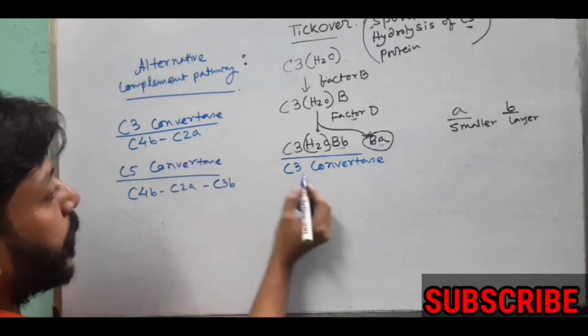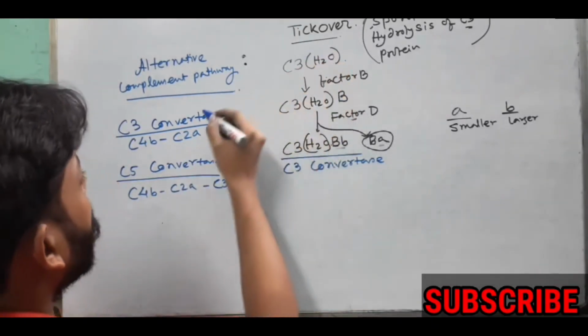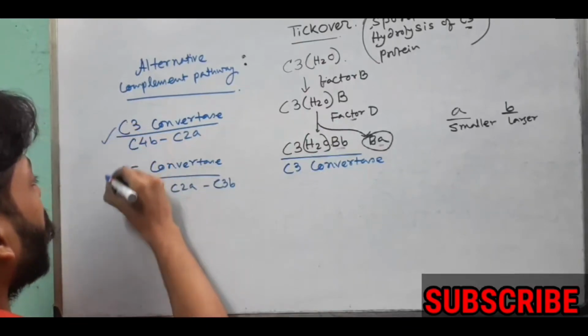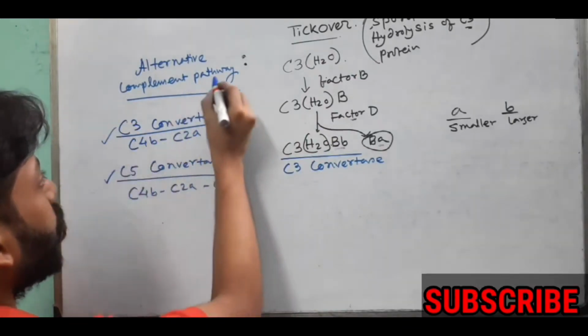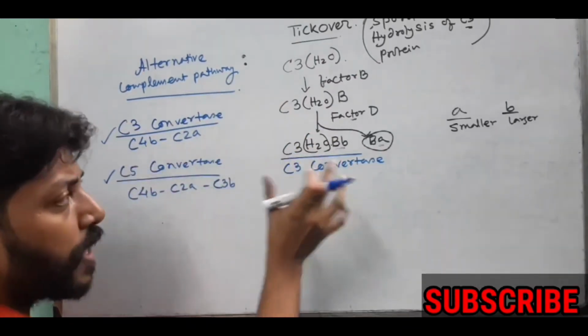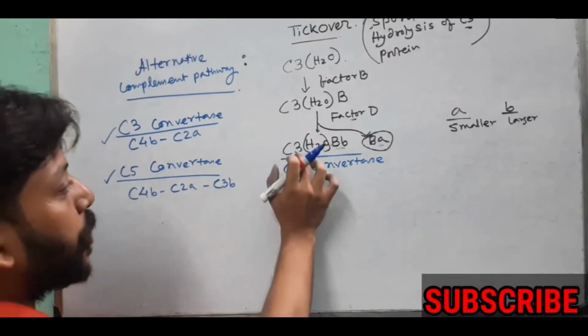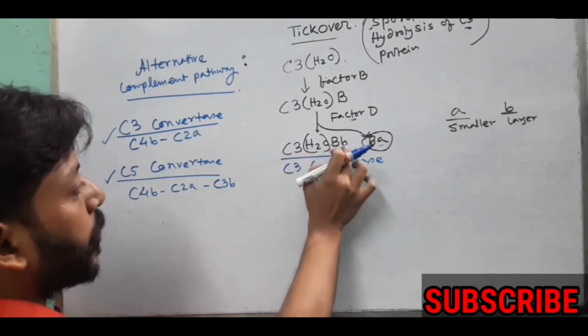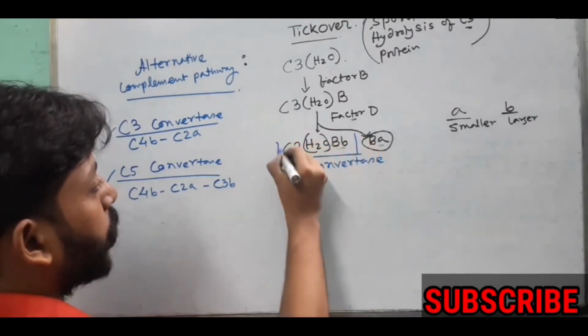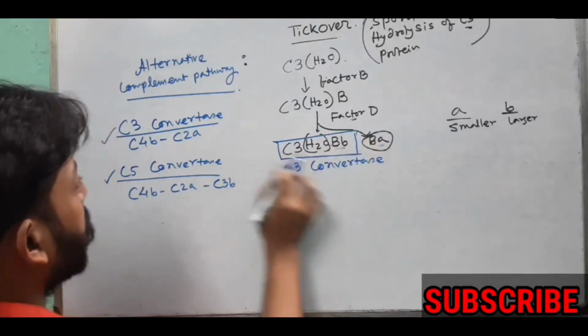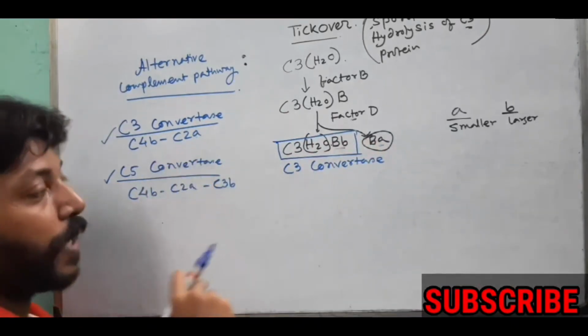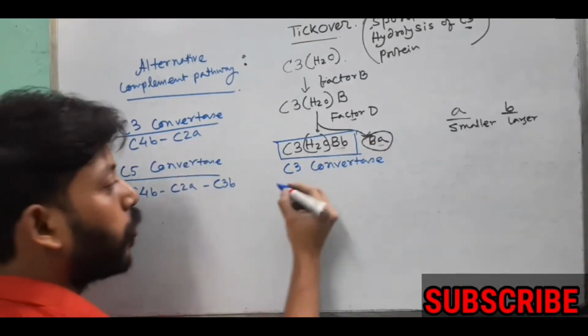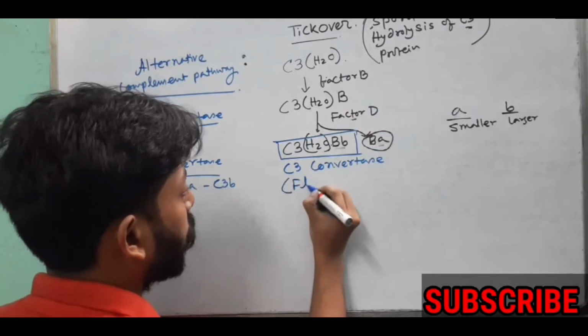But now you can see there is a difference between the classical complement pathway and lectin pathway compared with the alternative pathway. In the alternative pathway, this C3 H2O Bb fragment is called C3 convertase. So now this is a difference. But this C3 convertase is also called fluid phase C3 convertase.